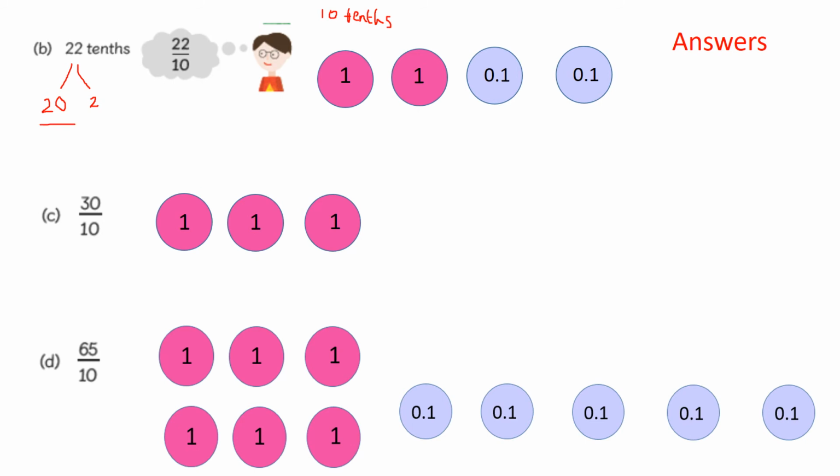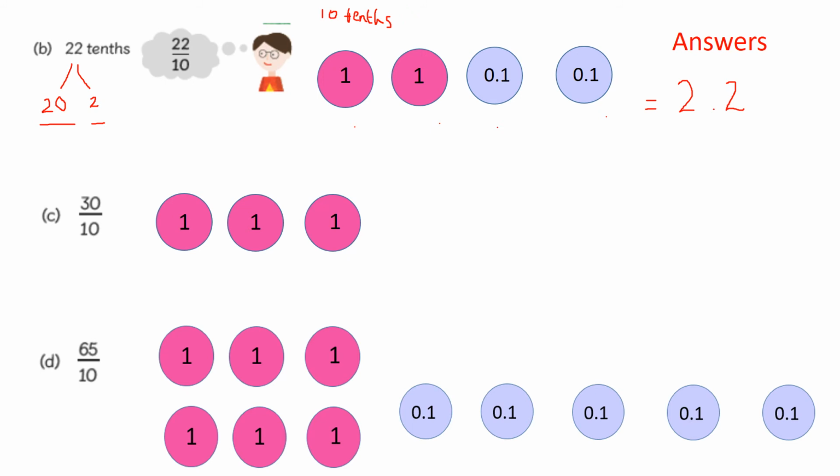So first of all, we know we've got 20, and that would give us 2 of the ones counters, and then we've got 2 tenths left over. That would give us therefore 2 of the tenths counters. Now how are we going to write that as a decimal number? Well, we know we've got 2 wholes, and then I'm going to put my decimal point, and because we've got 2 tenths, that would just give us a number 2. So 22 tenths is also equal to writing 2.2.